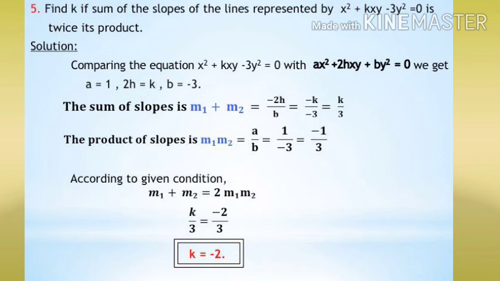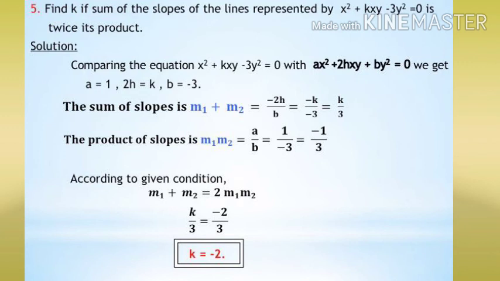Here we can see: find k if the sum of the slopes of the lines represented by x² + kxy − 3y² = 0 is twice their product. Now see the solution. Given equation we'll compare with the general equation ax² + 2hxy + by². So we get a = 1, 2h = k and b = −3.